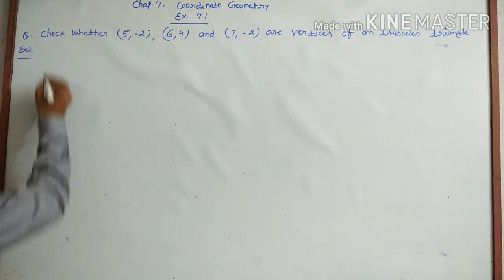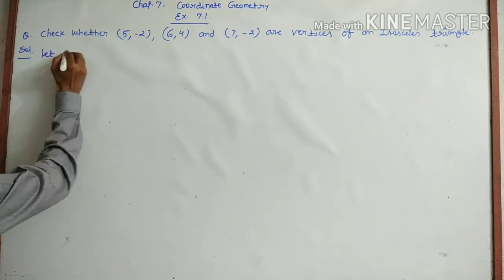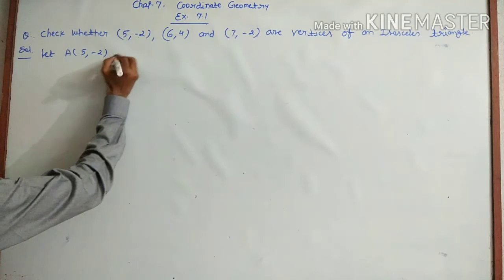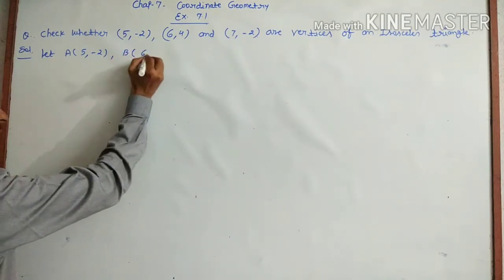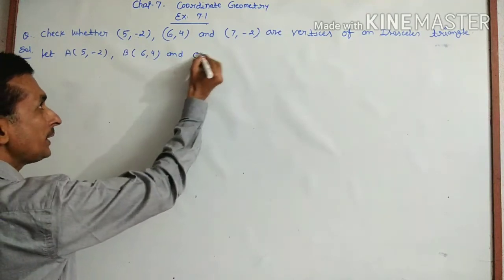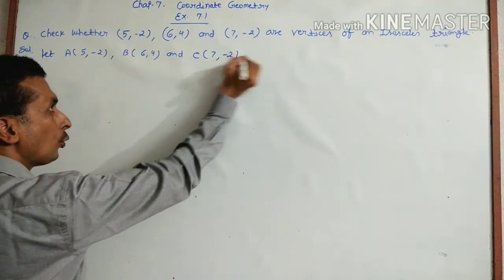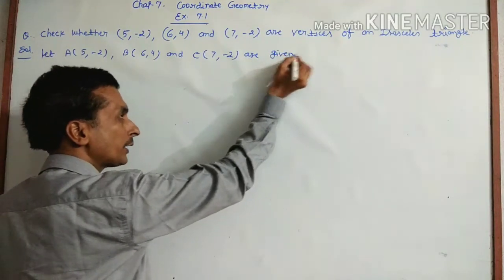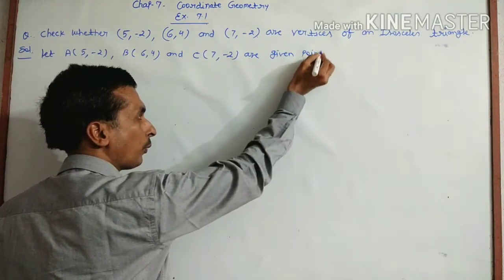Solution: let A(5, -2), B(6, 4) and C(7, -2) be the given points.